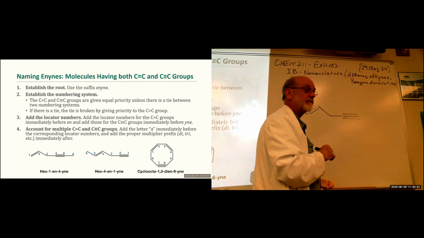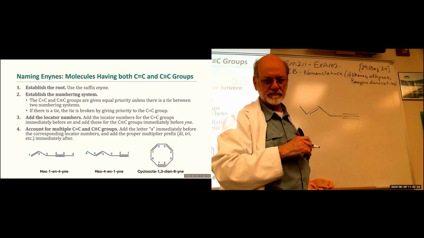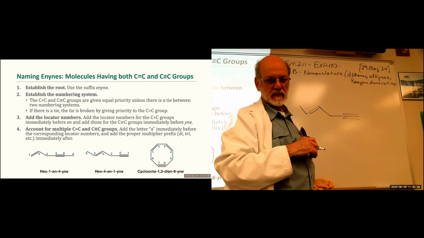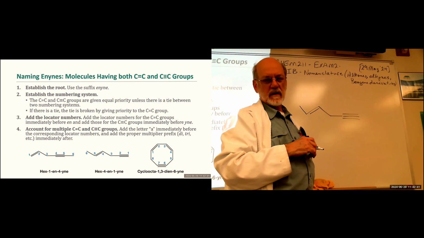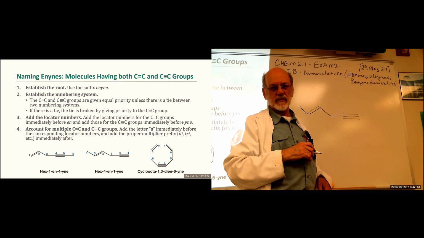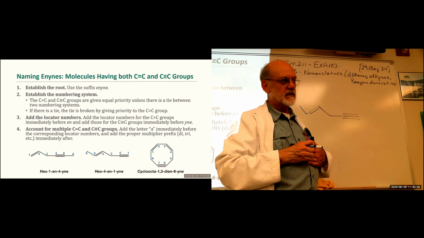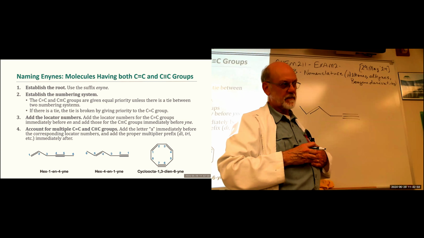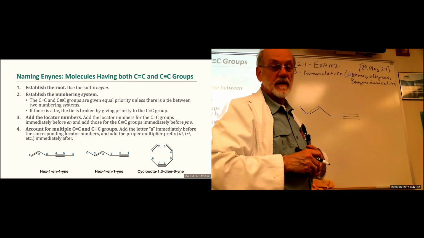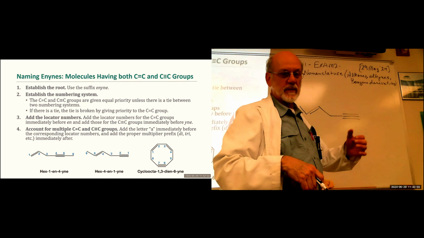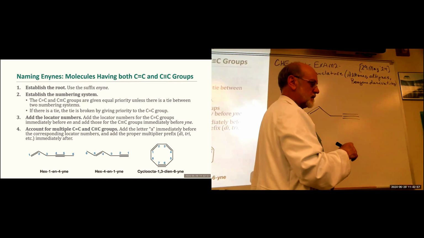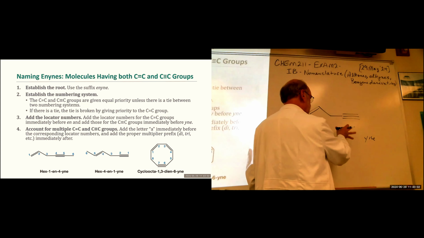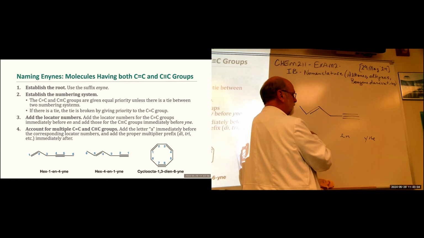So I'm confused as to why it's 4 yne, 1 ene. Why isn't it 1 ene, 4 yne? Wouldn't the ene come before the yne? Or am I even saying that right? No, the ene comes first. But why? Convention. I thought it would come first because that's where one starts. Well, the lettering comes first because it's alphabetical. It's ene, yne in the name. Oh, okay. I get that now. But the numbering system gives you the smallest number.